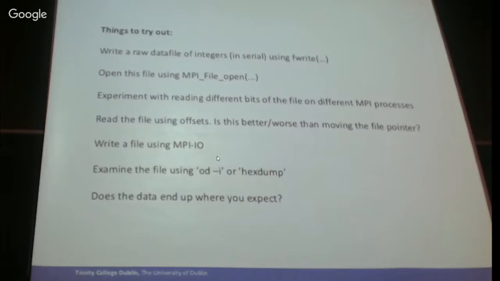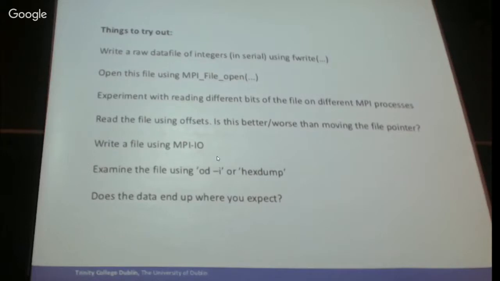And this is the very basic level, because in the afternoon we're going to go into the more complicated side of trying to write MPI out. But this is to get you comfortable with the idea that we have a single shared file. So when you do an ls -l of your file, there will be one file, slash whatever slash my file.